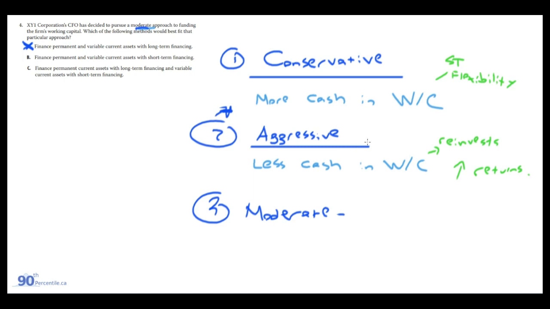So they're using long-term debt as leverage to magnify their equity returns, right? Whereas a moderate approach takes more of what's called an asset liability management approach, where they try to match their assets.